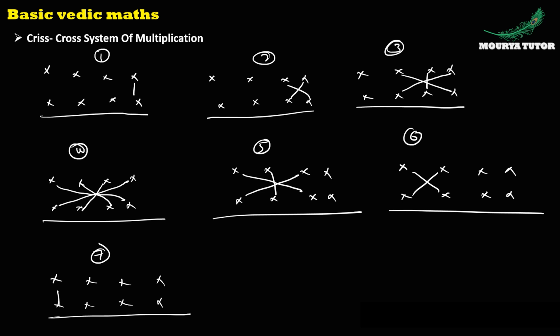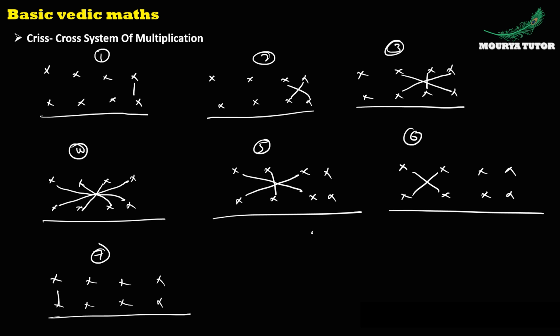This crisscross system of multiplication will apply everywhere, right? Now you may say, what if the number of digits are not the same between two numbers?